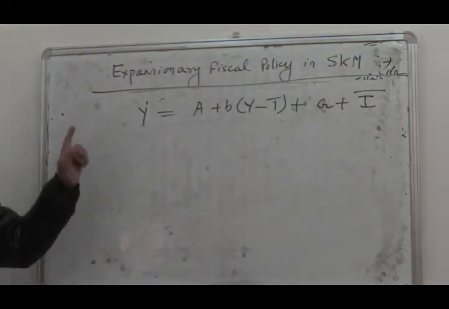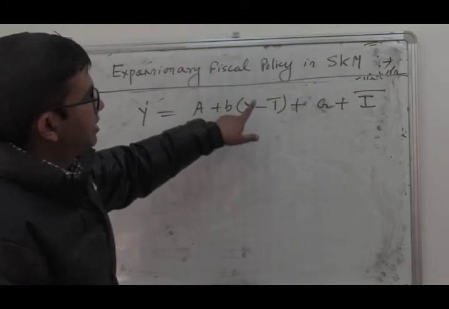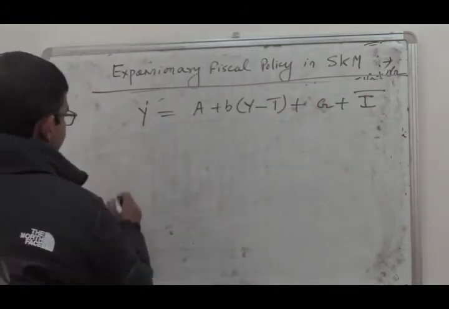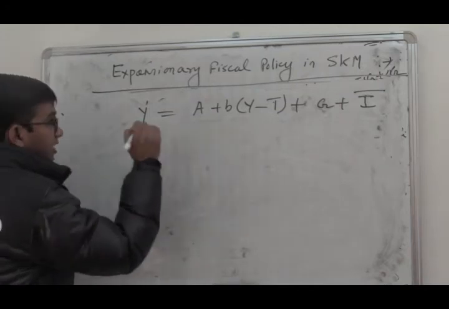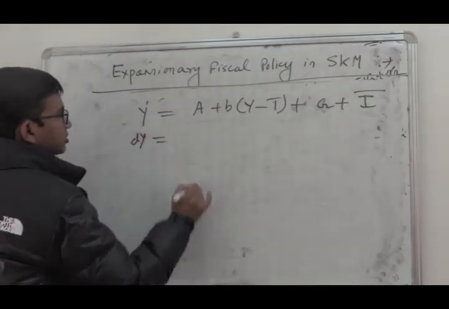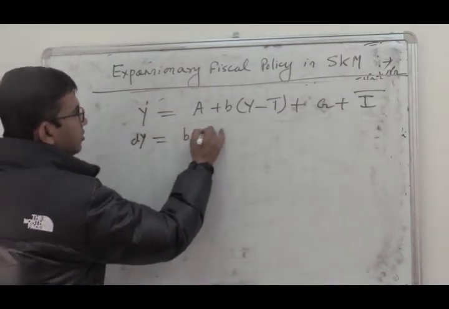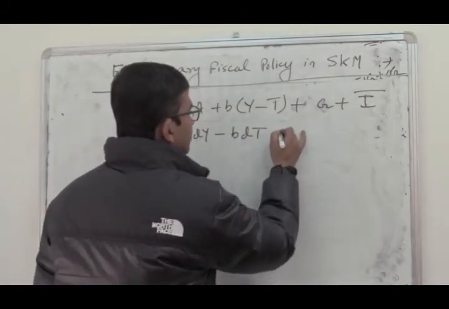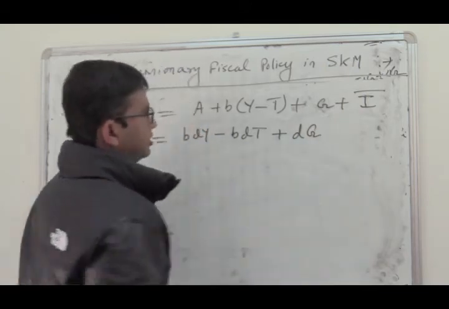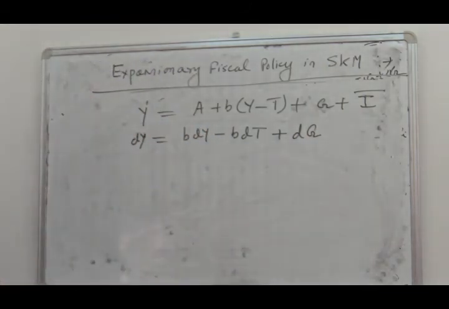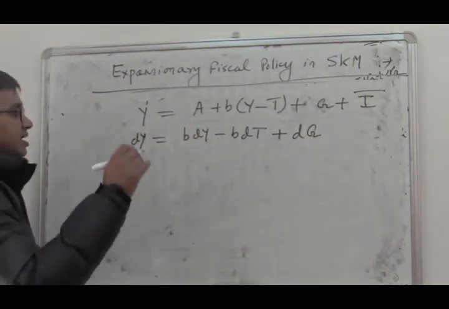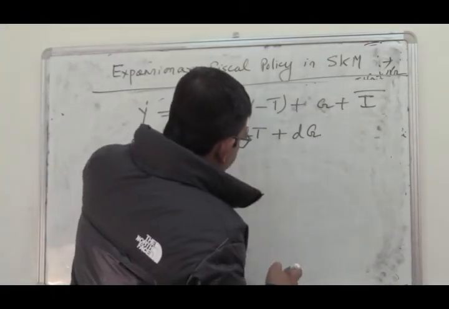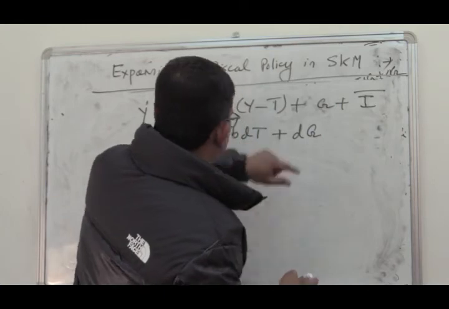So here three variables: Y, T, G, and the second condition is dT equals dG. dY equals b into dY minus b into dT plus dG. And here we have considered dT equals dG. So in the next step we will replace dT by dG.